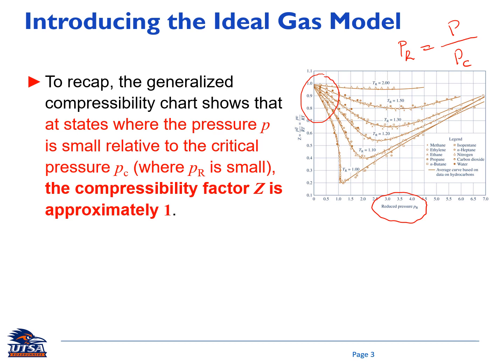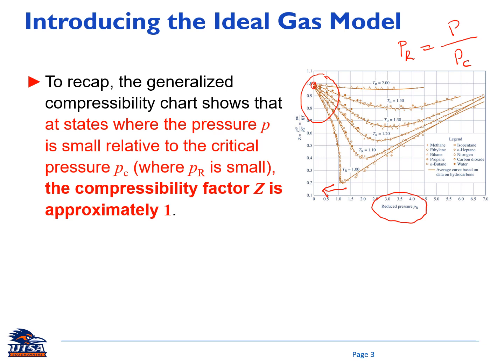As you can see, when PR is close to 0 or approaching 0, you can see on this generalized compressibility chart that the compressibility factor Z is approximately 1. Last time I showed you an animation with the blue dot, that it goes to the same point of Z when we reduce PR to 0.